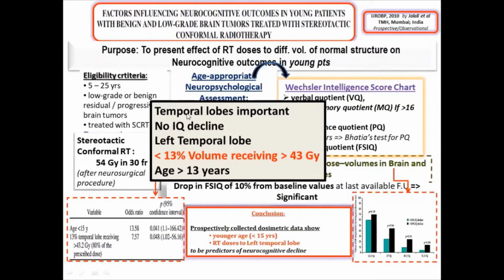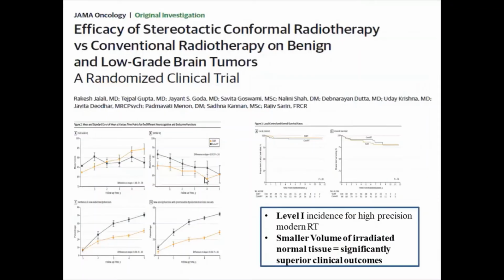There is no IQ decline if the dose to the left temporal lobe is less than 13% volume receiving more than 40 gray, and age more than 13 years. So this is one more study that was published in JAMA Oncology, showing the efficacy of stereotactic conformal radiotherapy versus conventional radiotherapy on benign and low grade brain tumors.